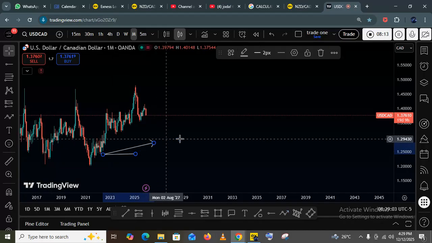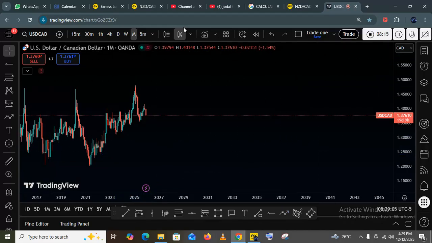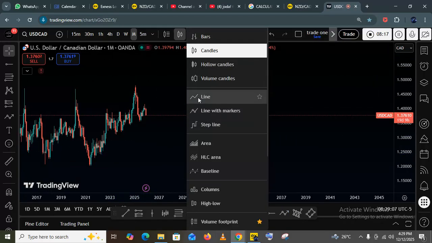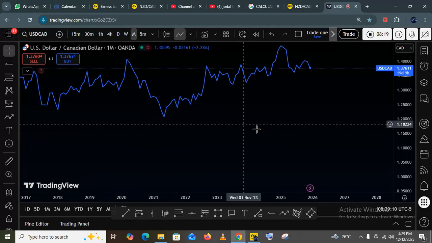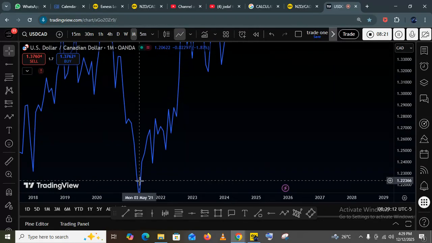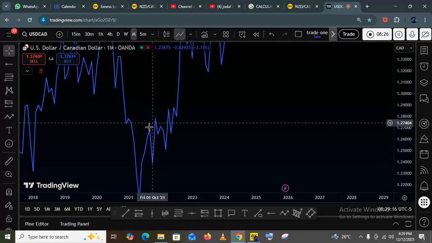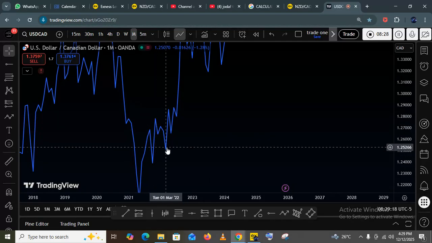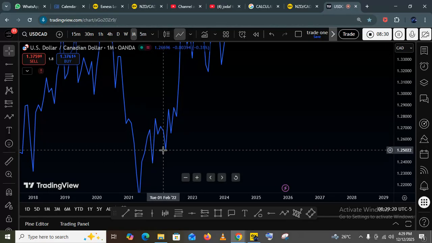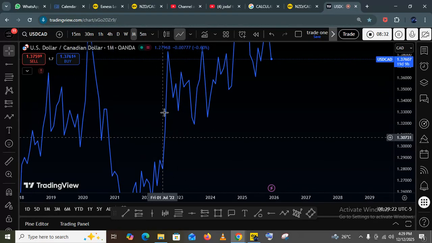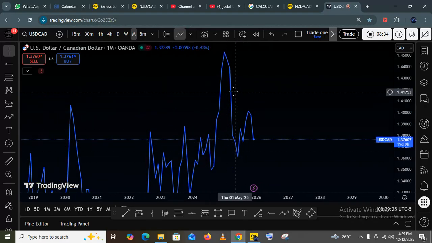If I change this to a line graph, you'll see what I mean. The market came down, up, again down, up, but this time we formed a much higher high and then another higher low. The same thing kept going on and on until where we are right now.